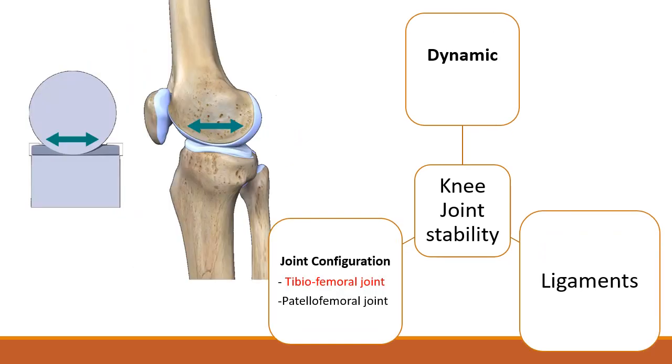Now, the joint configuration of the tibiofemoral part of the knee joint doesn't add much to the stability. You have two femoral condyles, they look like a cylinder, on a flat tibial plateau surface. So, a cylinder on a flat surface doesn't add much to the stability.